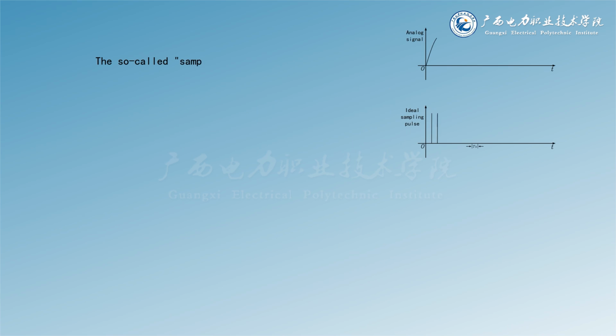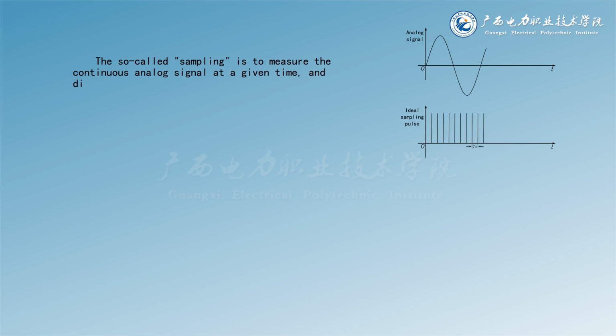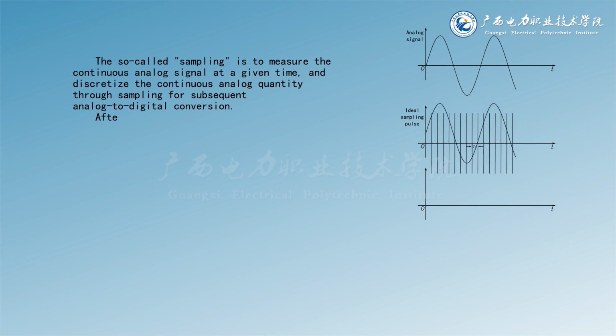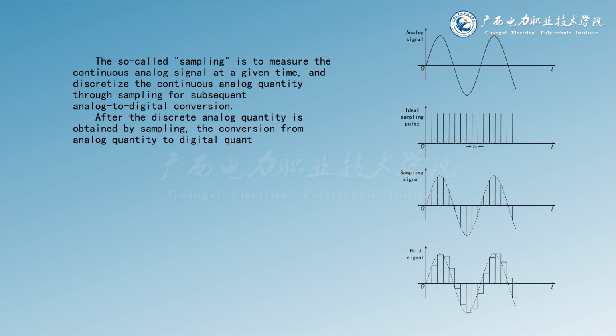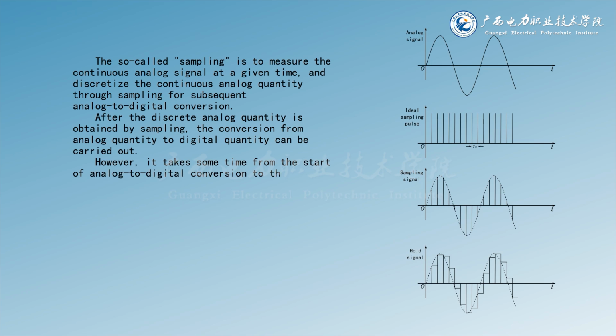The so-called sampling is to measure the continuous analog signal at a given time, and discretize the continuous analog quantity through sampling for subsequent analog to digital conversion. After the discrete analog quantity is obtained by sampling, the conversion from analog quantity to digital quantity can be carried out. However, it takes some time from the start of analog to digital conversion to the end of conversion to output digital quantity.